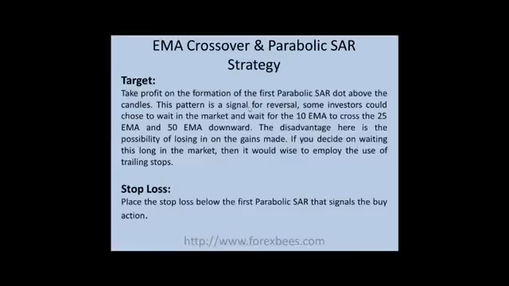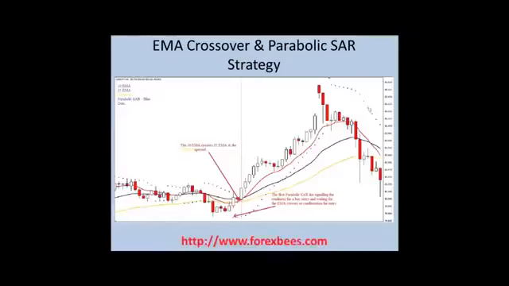Some investors could choose to wait in the market for the 10 EMA to cross the 25 EMA and 50 EMA downward. But the problem here is that some of the profits you might have until this point, you may lose. You might be in profit finally, but you may not get that many profits, because if you wait until the 10 EMA crosses the 50 EMA, you will get only this much profit.